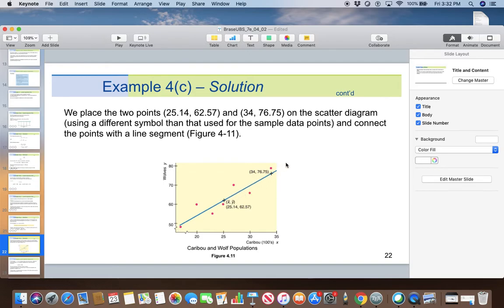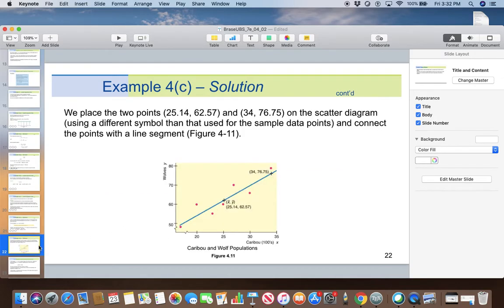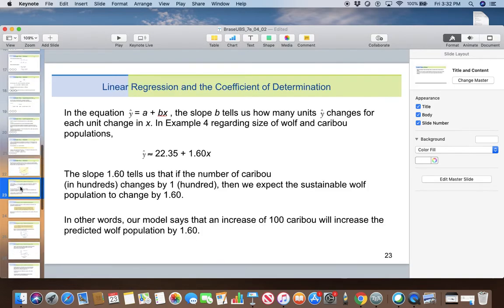That's your least squares line. Notice the actual value for 34 is 75. It's higher, looks like 80. So this is the point you got using y hat. So there you go, that's your least squares line.